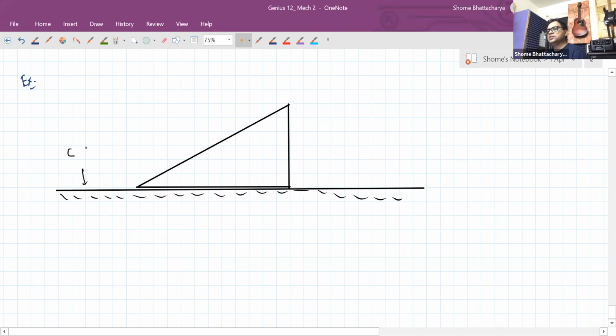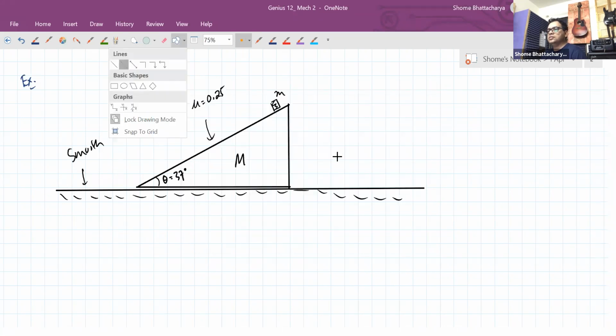So this is a smooth surface. This is a 37-degree wedge of mass capital M. And this surface has a coefficient of friction of 0.25. There's a block of mass small m placed over here.